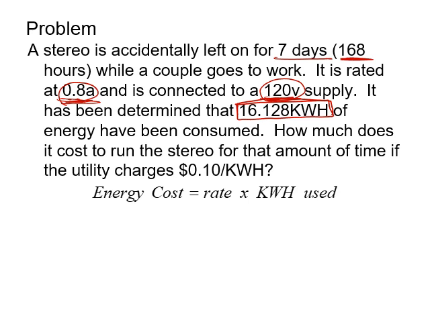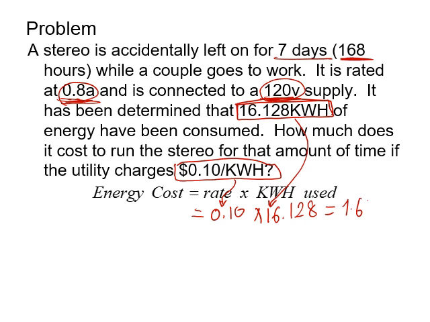How much does it cost to run the stereo for that amount of time if the utility company charges 10 cents per kilowatt hour? So my rate is 10 cents, and the kilowatt hour consumed is 16.128. If you do the math, it's going to be $1.6128.